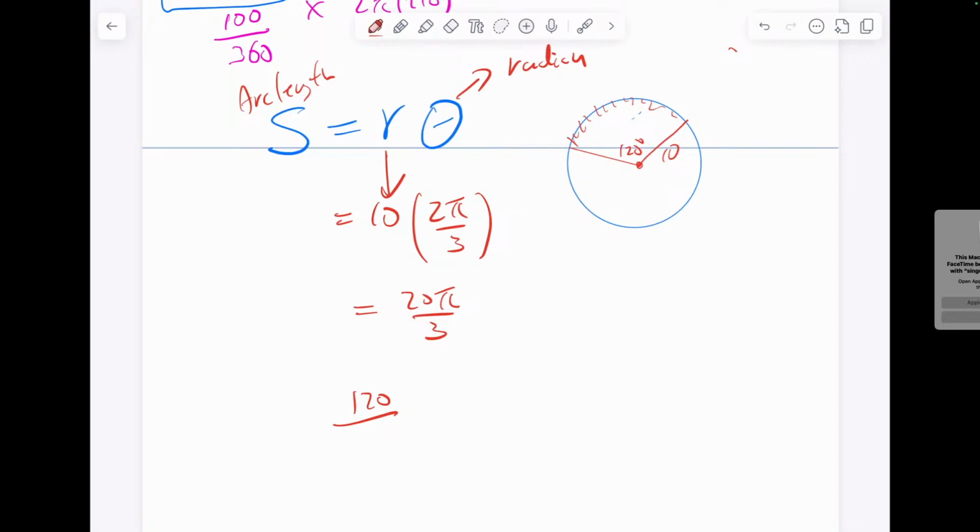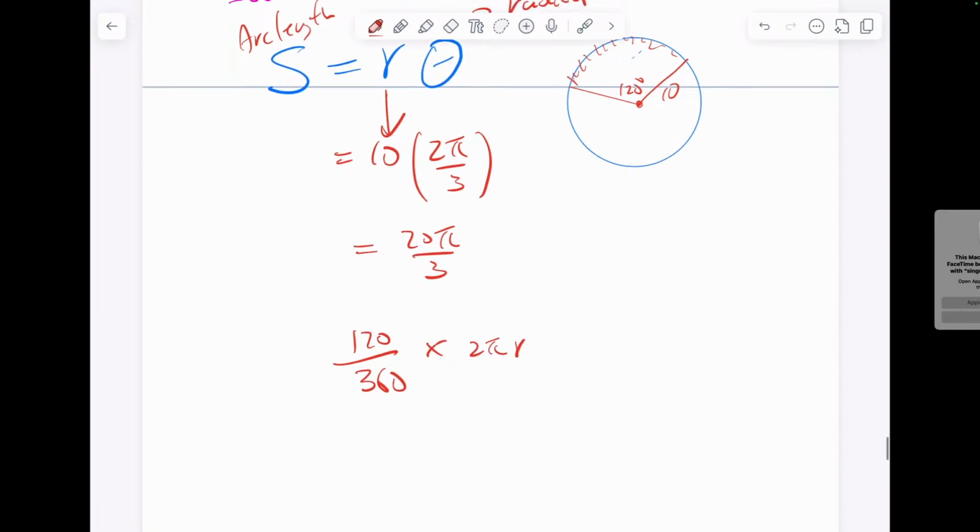That's the part, and then times 2 pi r. Guess what answer you're going to get? Same answer. So one uses the formula, one uses common sense. S equals r theta is one way, but theta has to be in radians.